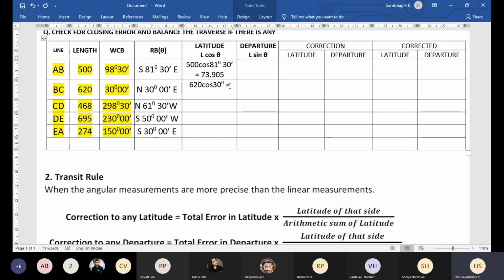What is the answer? 536.9357. I'll round it off to 536.936.